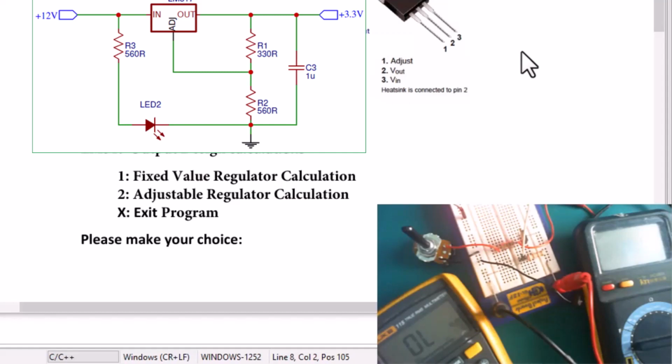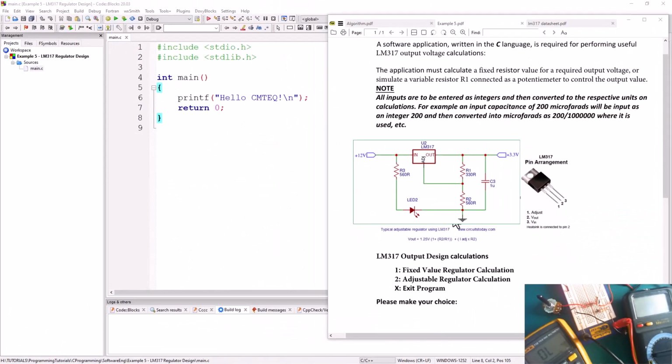This design tool, this C programming application, will basically empower you for that. So if you want 15 volt on your output, and you have an input voltage of like 20 volt, then you say, which value of R1 do I need in order to maintain 15 volt on my output?